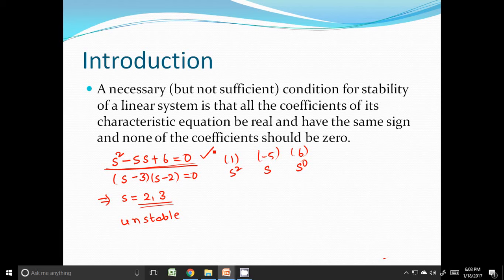Okay. If you take a different example, s cube plus 2s plus 3 equal to 0. This is the characteristic equation of a system.